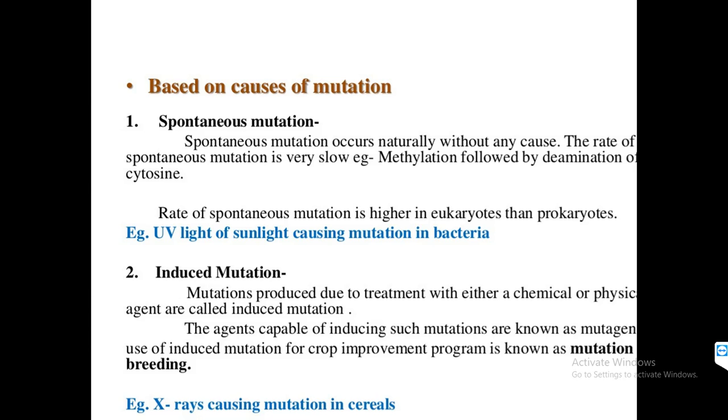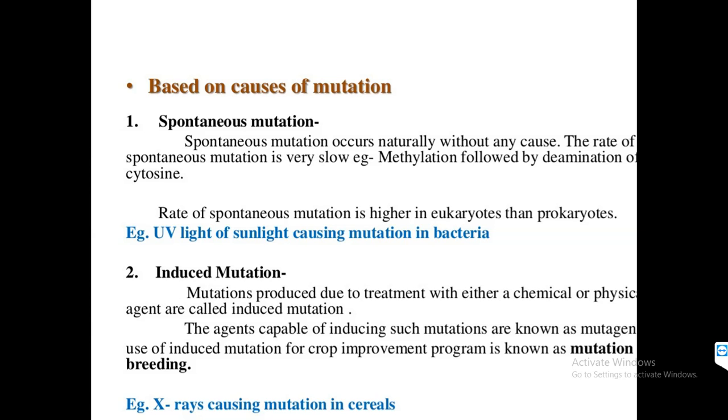What are the causes? The UV light of sunlight causes mutation in bacteria. As we all know, the sun emits UV light and it is dangerous for us, and for protecting us from this UV light we have the ozone layer. But because of the increased amount of global warming and greenhouse gases, the ozone layer is getting depleted, and we are more and more exposed to this UV light.